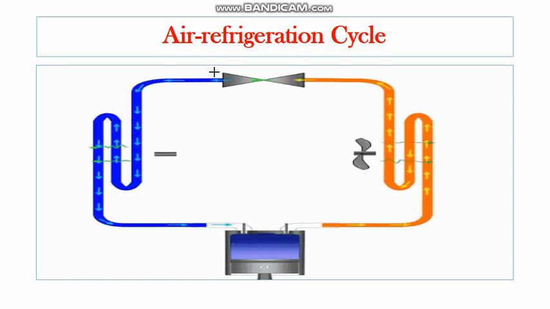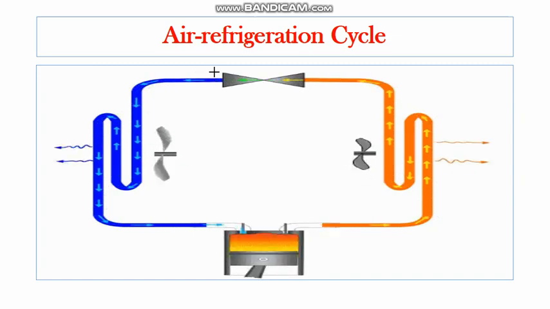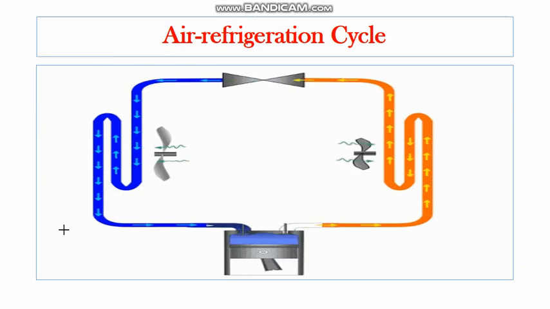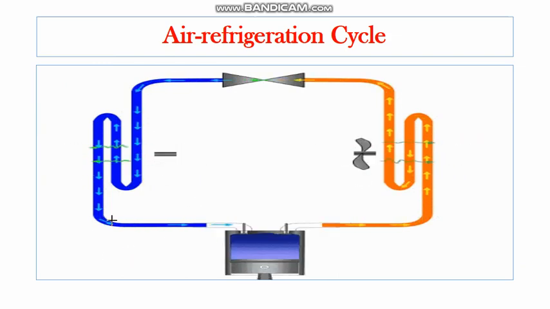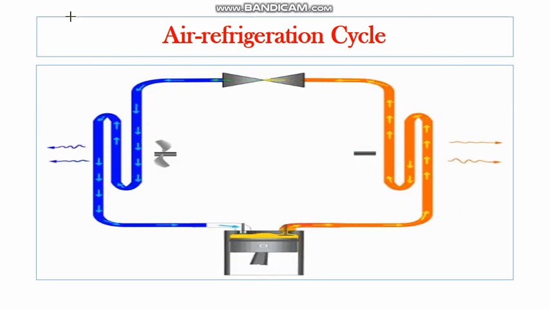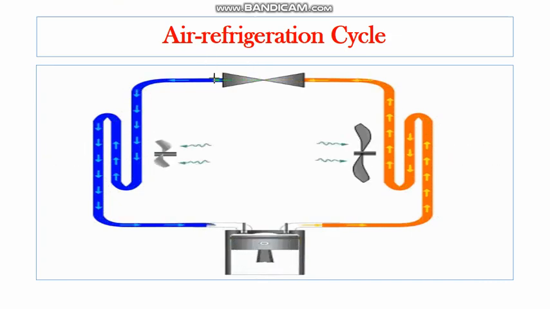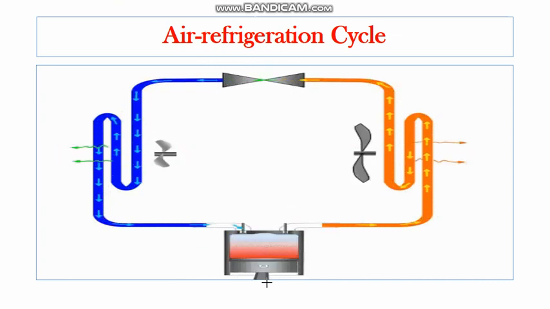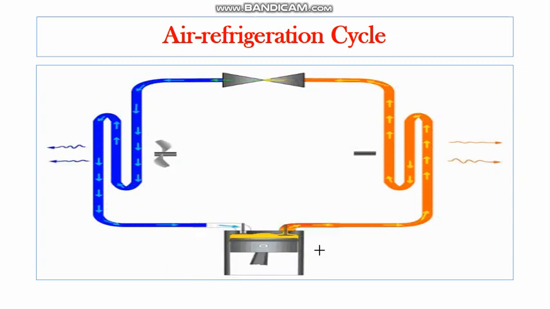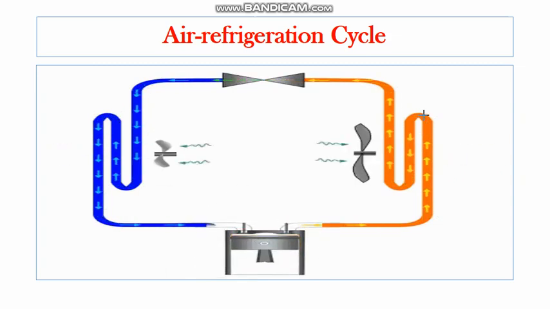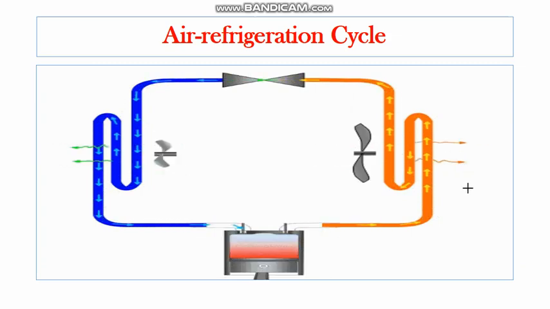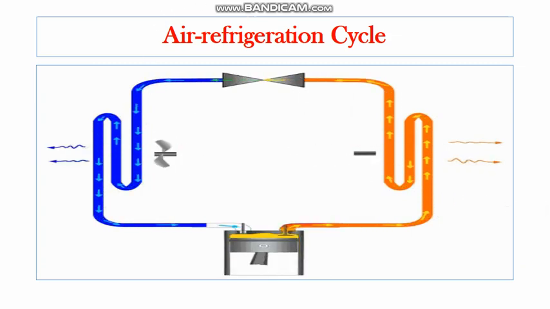From the cooler, it is sent to the throttling process, then to the evaporation or refrigeration process. Again, it is sent to the compressor. It is a cyclic process. In the compressor and the throttling process your pressure is varying, but in the other two processes your pressure is constant.